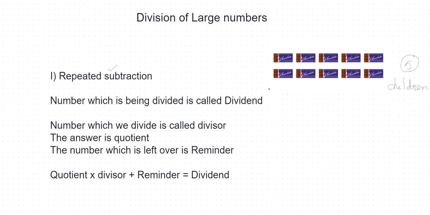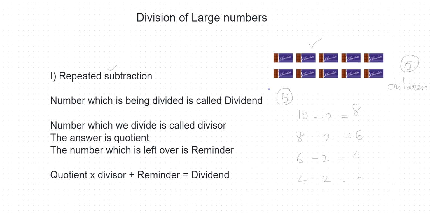So initially, there are 5 children and 10 chocolates here. So from 10, the first child will get 2 and you will be left over with 8. Then 8 minus 2, so you'll be left over with 6. 6 minus 2, which is 4. 4 minus 2 is 2 again.